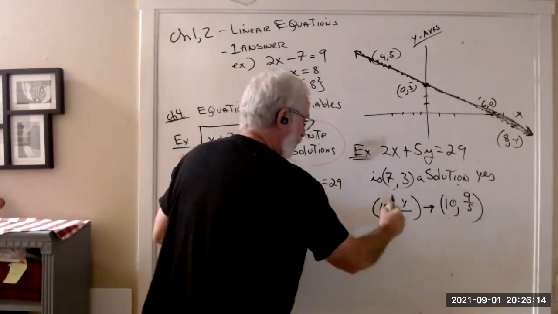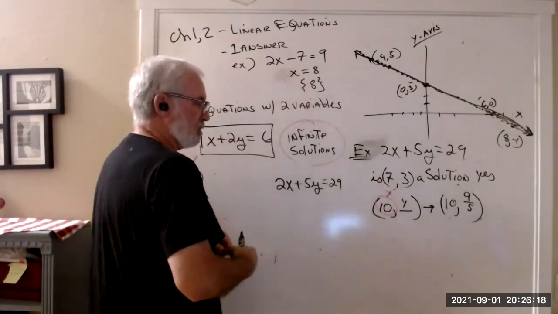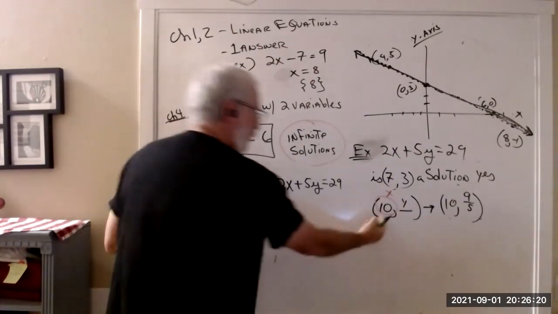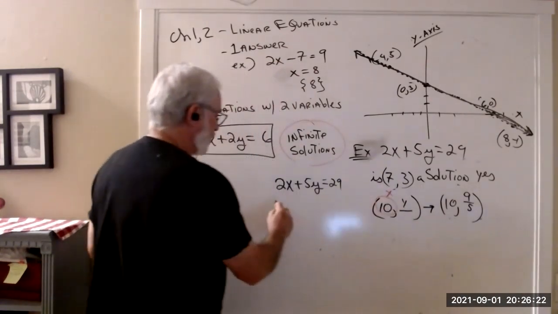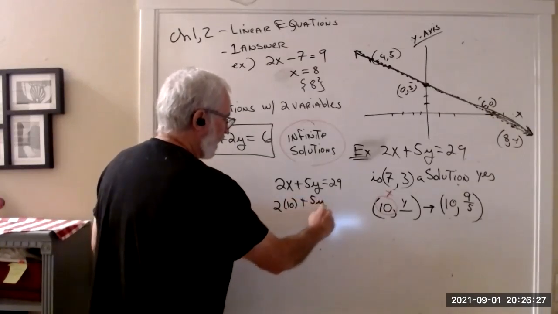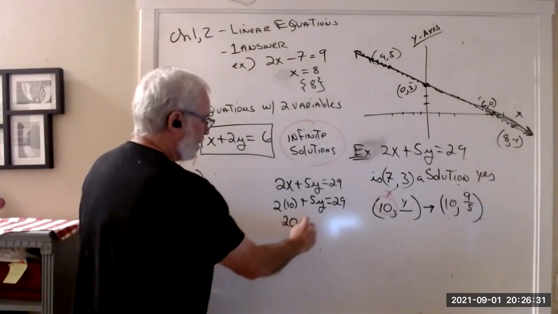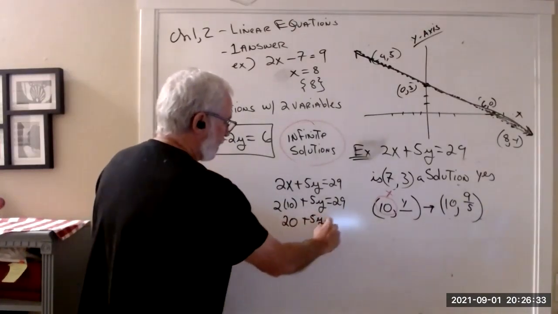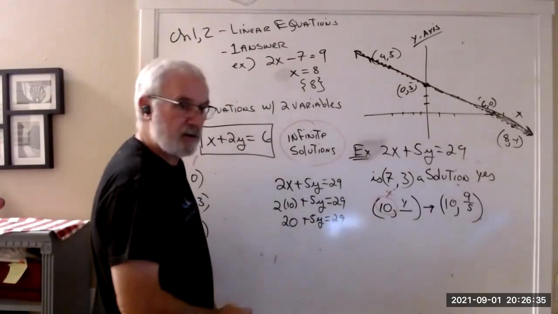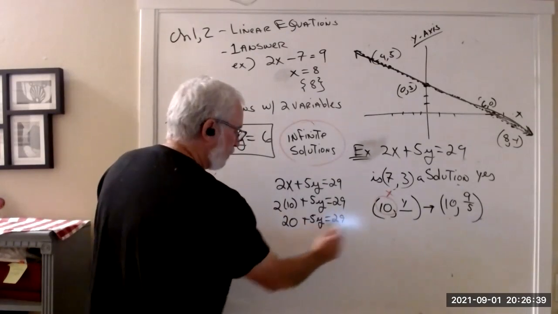You have to know that this 10 represents the x. The first number, the first part of the ordered pair is always x. So this is 2 times 10 plus 5y equals 29. So 20 plus 5y equals 29. Am I in the glare yet? Yeah, I am. Take away 20 from both sides.